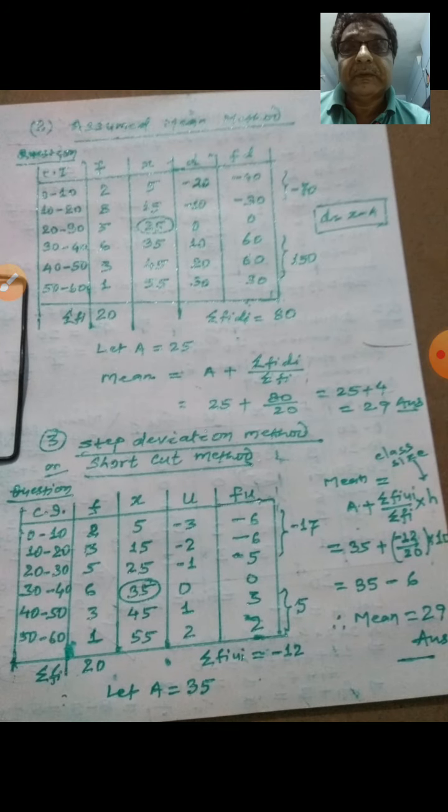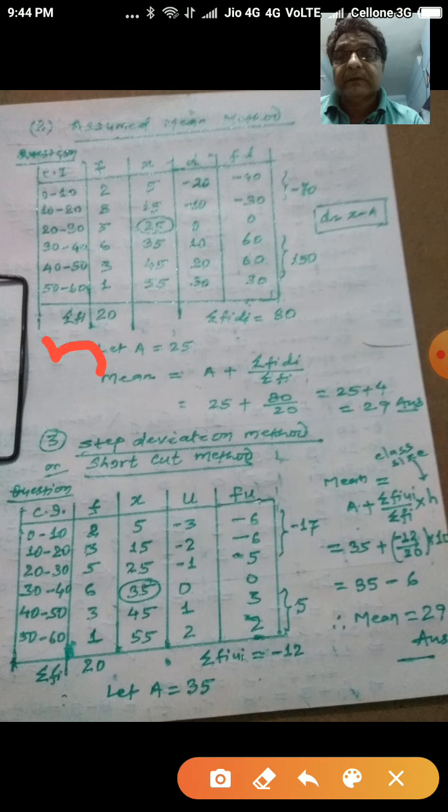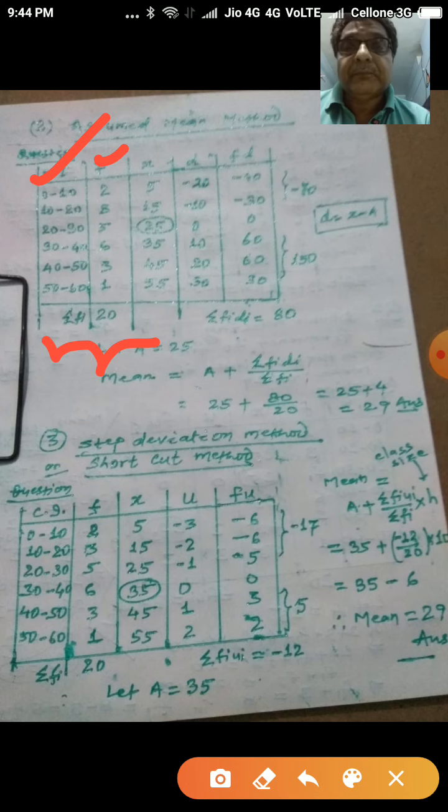Now students, let us take another method of finding mean, which is the assumed mean method. The name of the second method is assumed mean method, where our question again is grouped data containing columns Ci and F. And for mean, by any method we have to find the class mark column, that is X. And X is equal to the average of class interval, that is lower limit plus upper limit divided by 2.